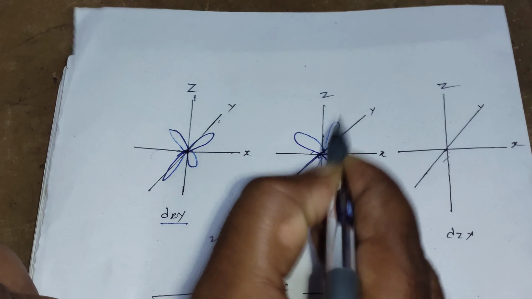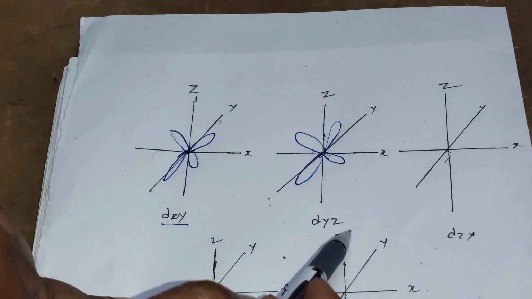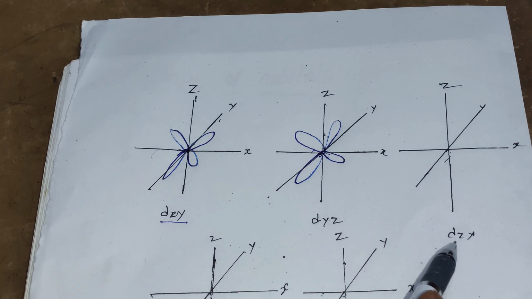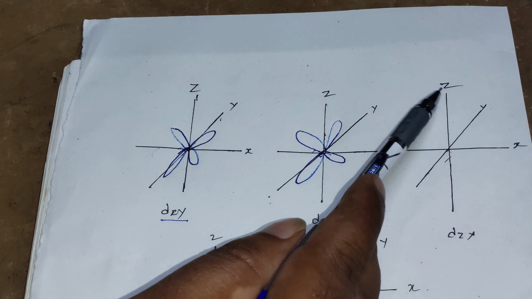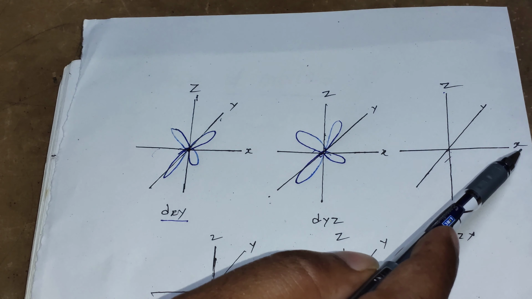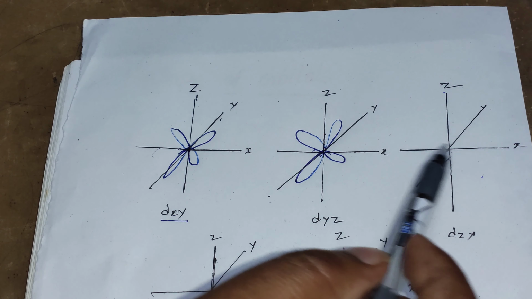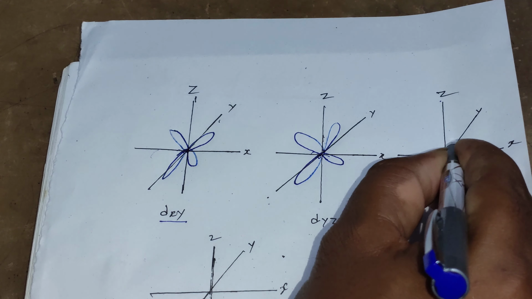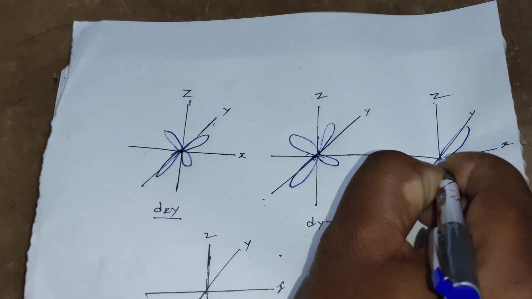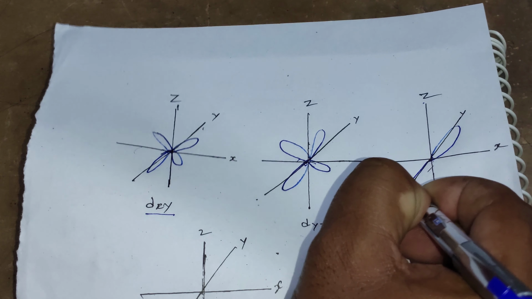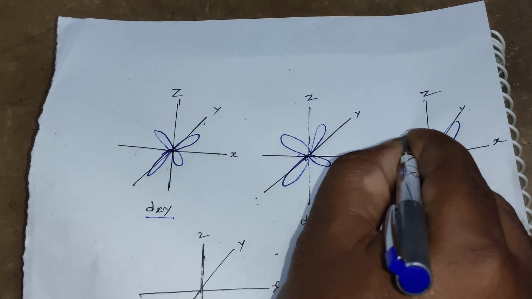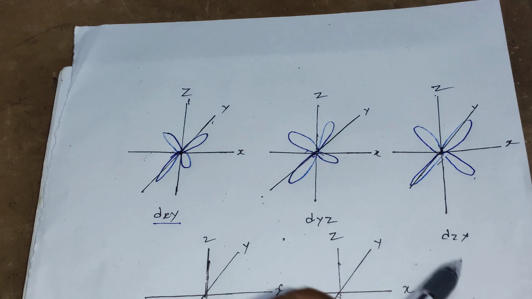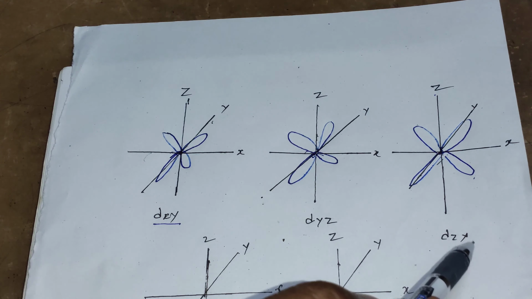And the third one is dxz, sorry, dzx, with the z-axis and the x-axis. The orbitals are oriented between the z and x axes. It's a double shape. Okay students, this is the dxz or dzx orbital.